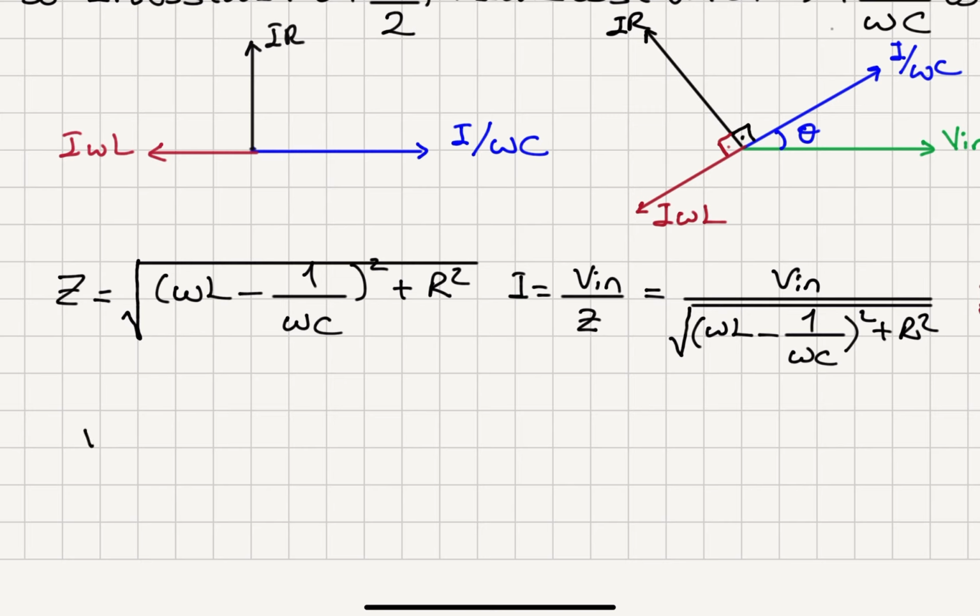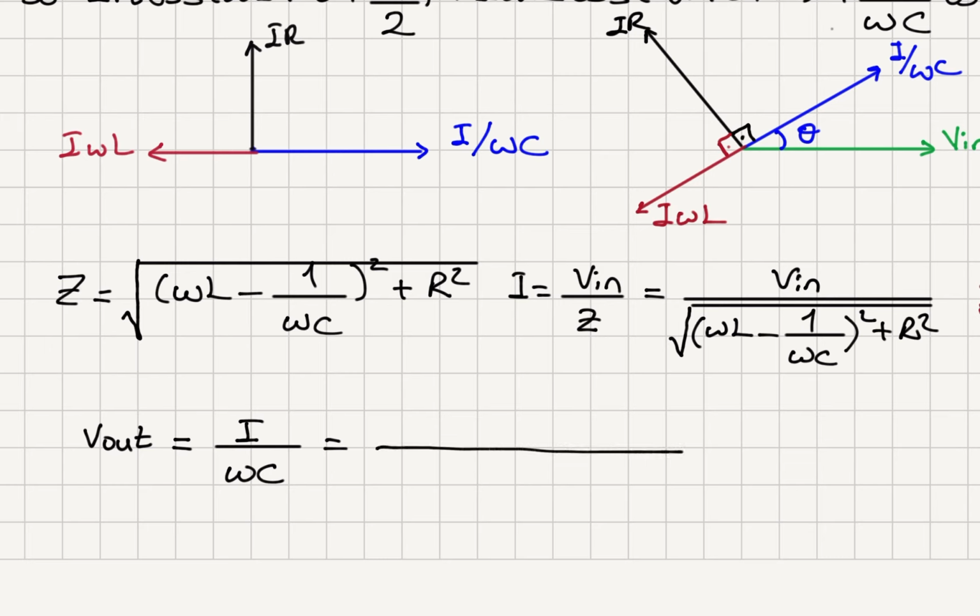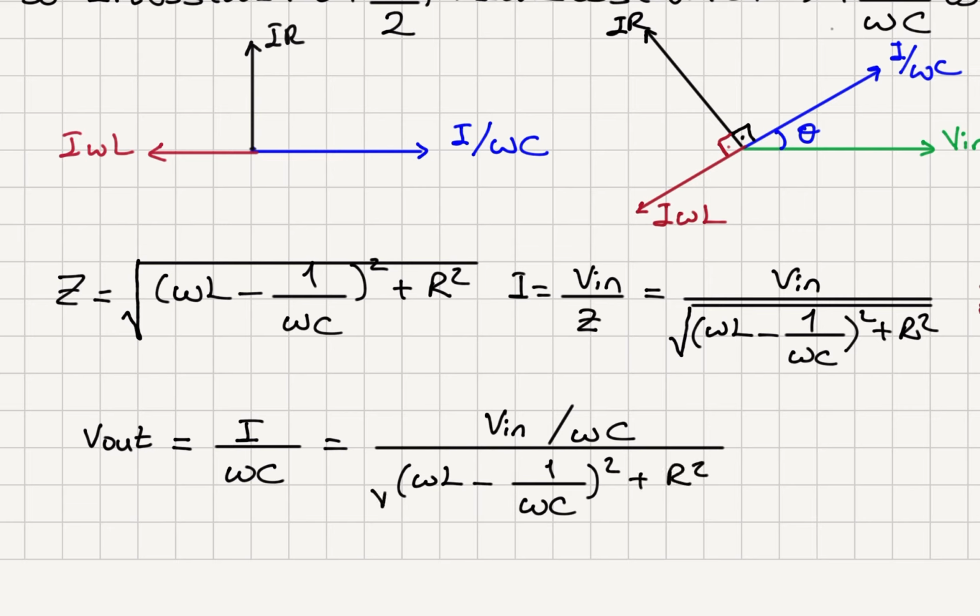The output voltage is the current amplitude I, multiplied by the capacitive reactance 1 over omega c. So this would be V in divided by omega c, divided by the square root of (omega L minus 1 over omega c) squared plus R squared.